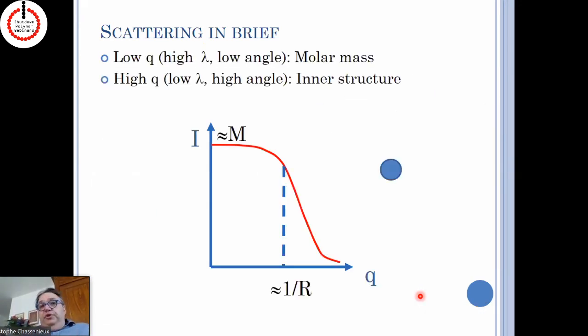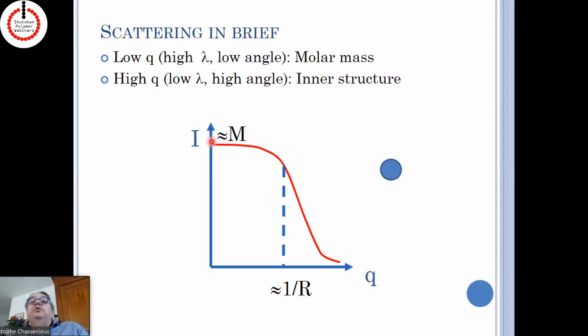So what you measure is the scattering intensity as a function of Q. If you go to low value of Q, you measure something which is related to the molecular weight of your system. If you go to high value of Q, you start to go inside your system.